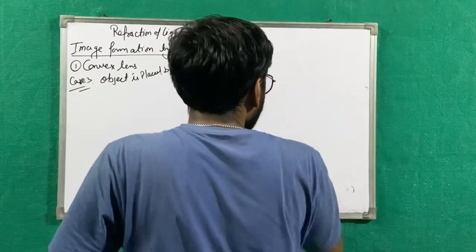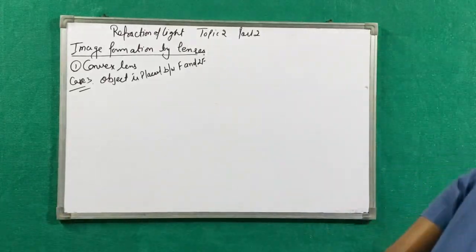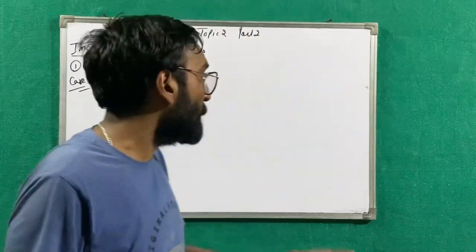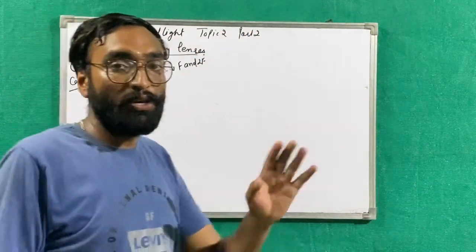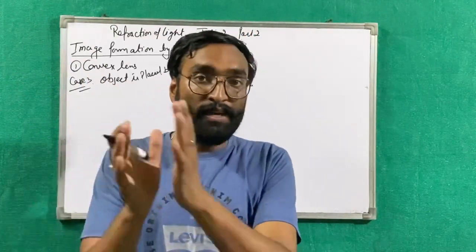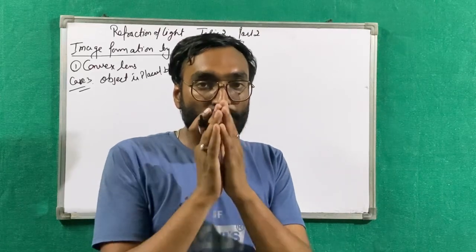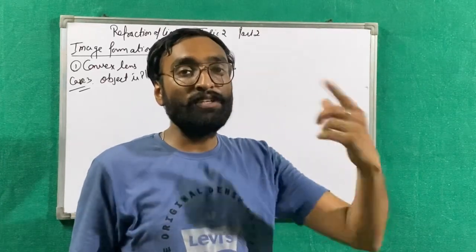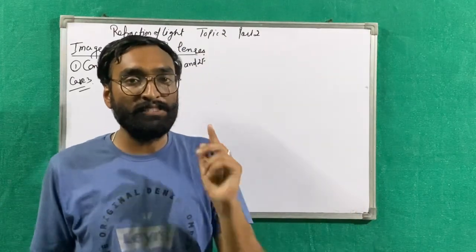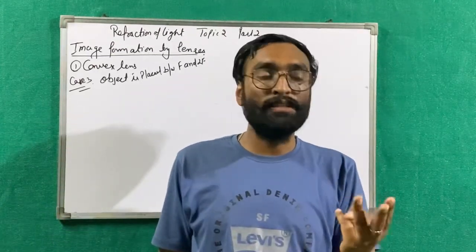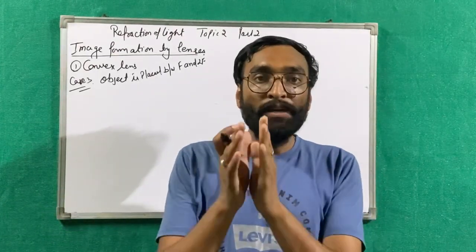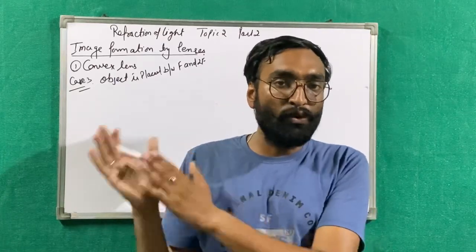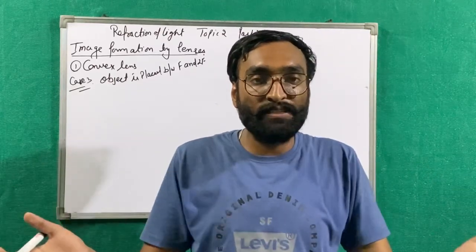The characteristics of the image are going to be the same in every case, that is real, inverted, but the size of the image or size of object is going to change in every case. No size will be the same in any case. In the first case it is point size, in the second case it is small in size, in the third case it is going to be the same in size, in the fourth case it is going to be bigger in size.